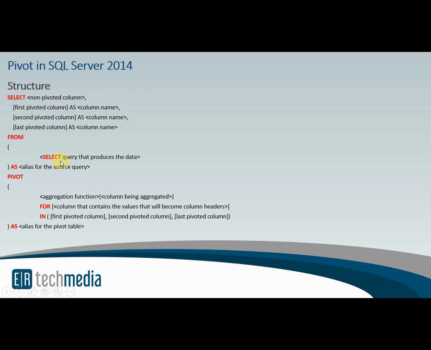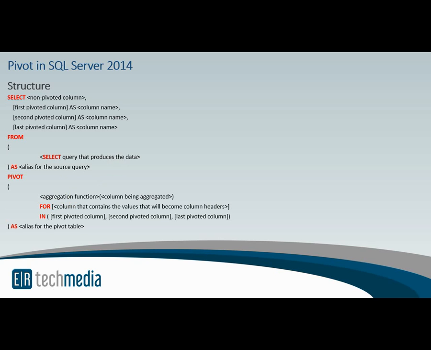Then we have a select query that produces the data for these pivoted columns, and then we have the pivot operator. Inside the pivot operator, the first thing is an aggregation function that can be sum, count, or average as per your requirement. Then you mention the column that contains the values that will become column headers in the cross tab.